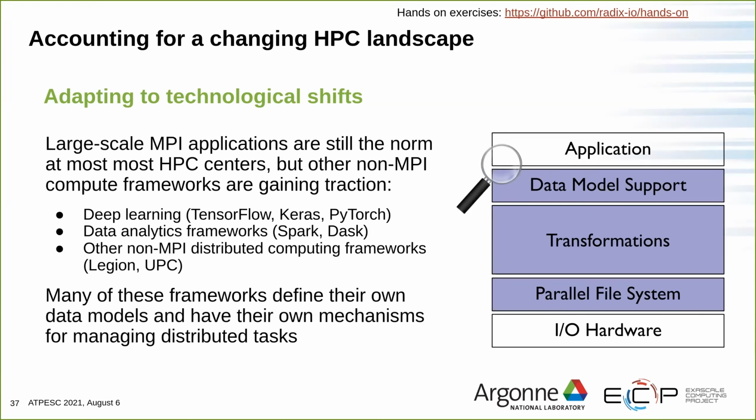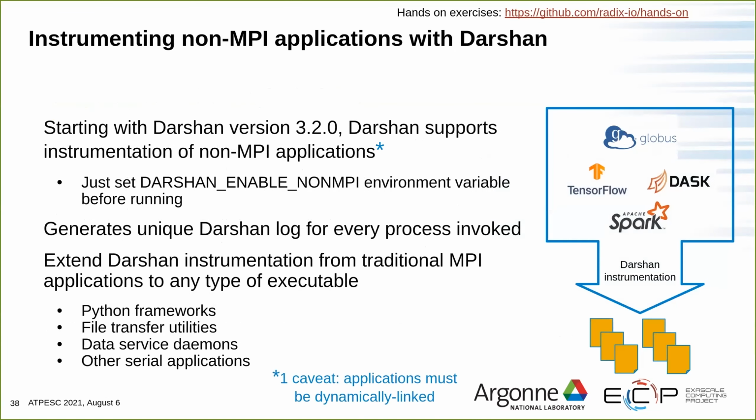So we've had a lot of desire on the Darshan front to better accommodate changes like this. And as I mentioned earlier today, we've traditionally just been tied to MPI. So this is something that we wanted to address. Starting with Darshan version 3.2.0, we can instrument non-MPI applications.